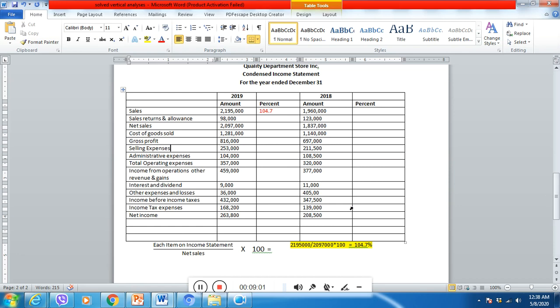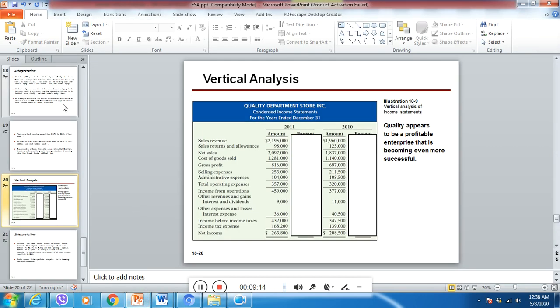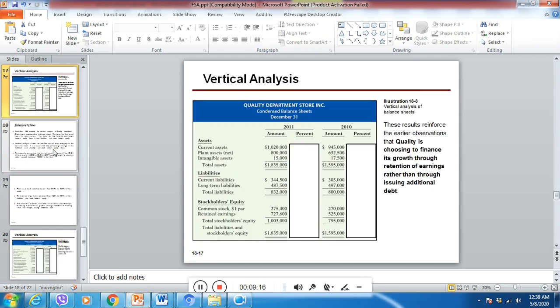So we calculate one by one. Keep in mind the formula of vertical analysis is very simple; actually we divide each item by the base amount. If you see the previous question on slide number 17 in the previous recorded lecture, that is the vertical analysis of the balance sheet.